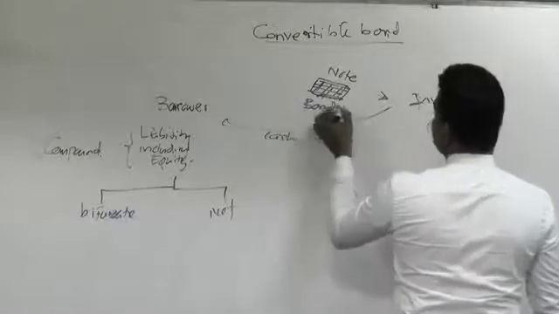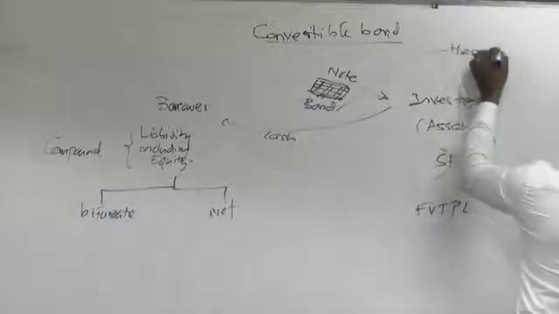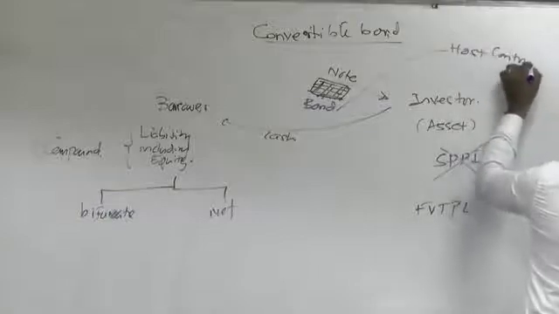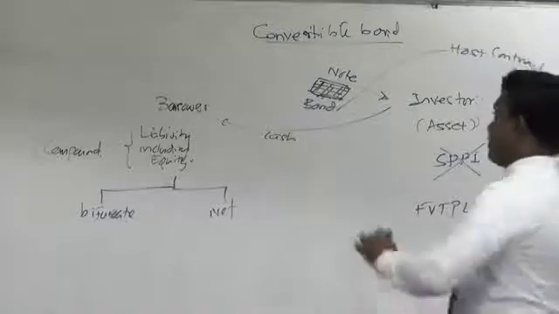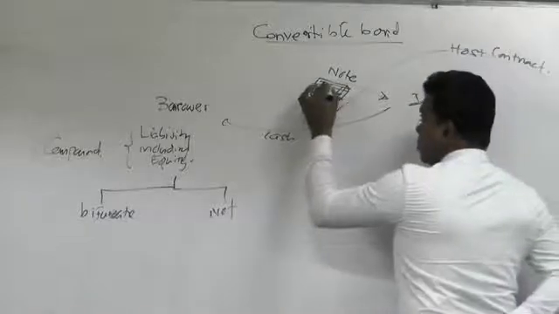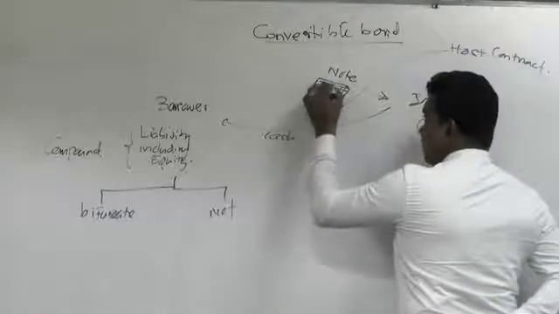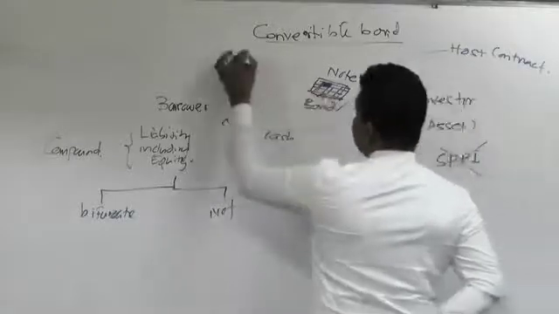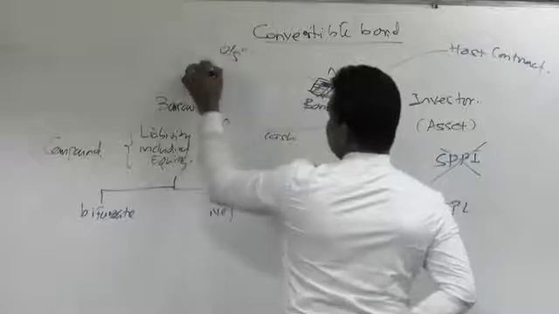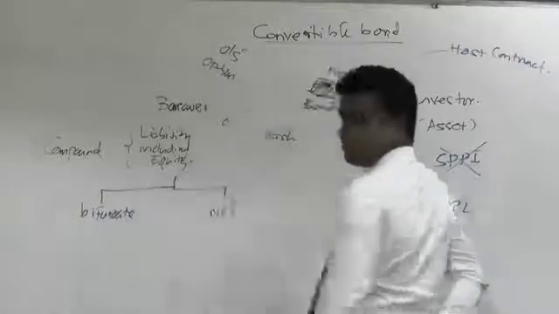It is called the host contract, the main contract. Within this contract, you have a clause. Only one clause, where you have mentioned what? You have an option to receive ordinary shares. Is it clear?